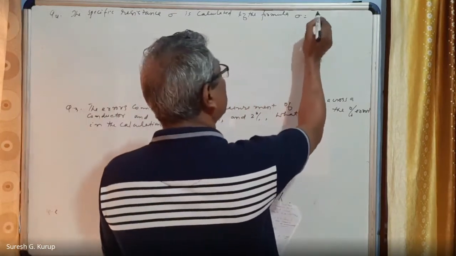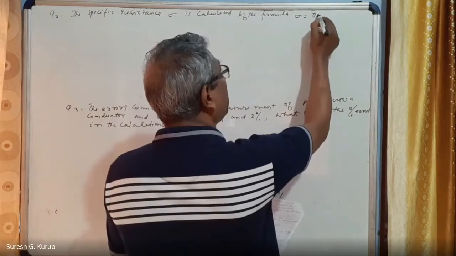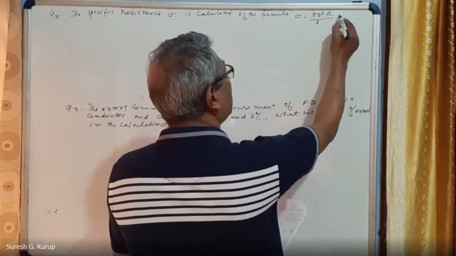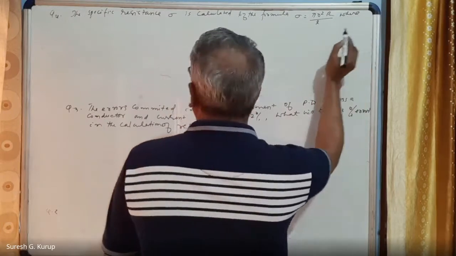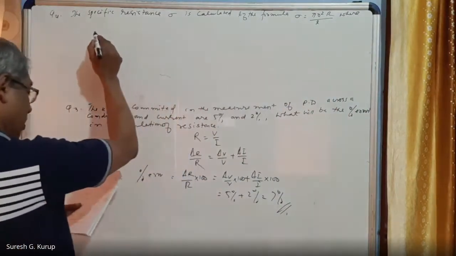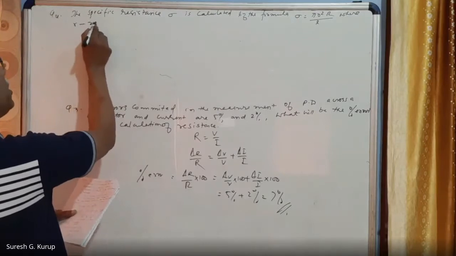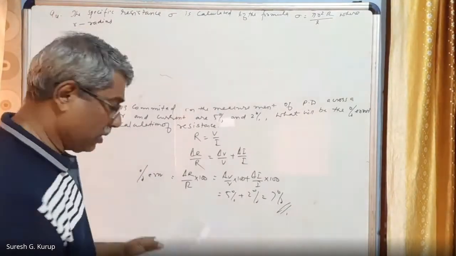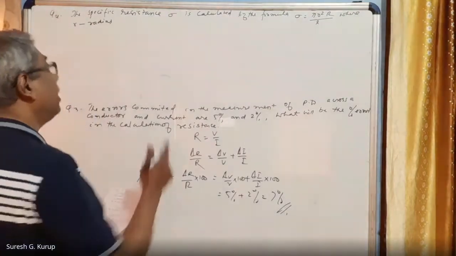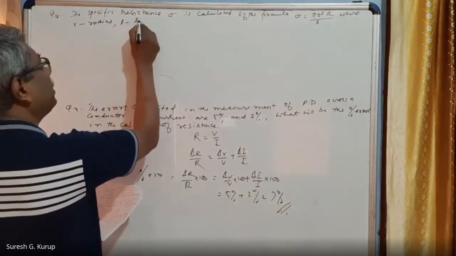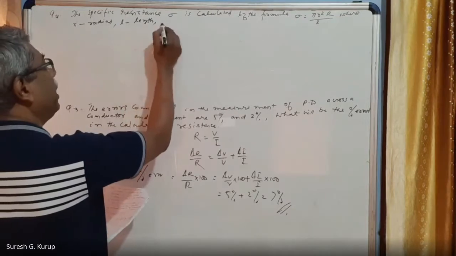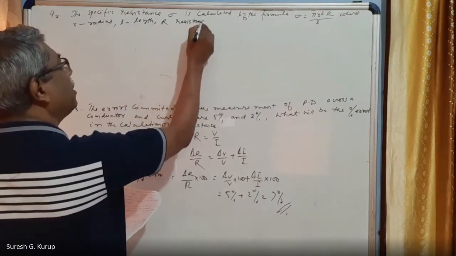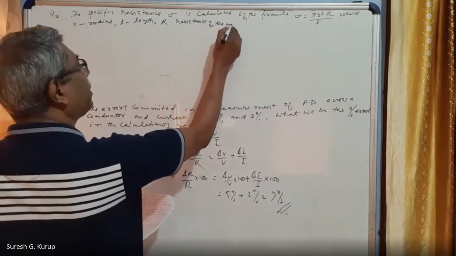Sigma is equal to pi r square capital R divided by L, where small r is the radius of the wire through which current passes, and L is the length, and capital R is the resistance of the wire.